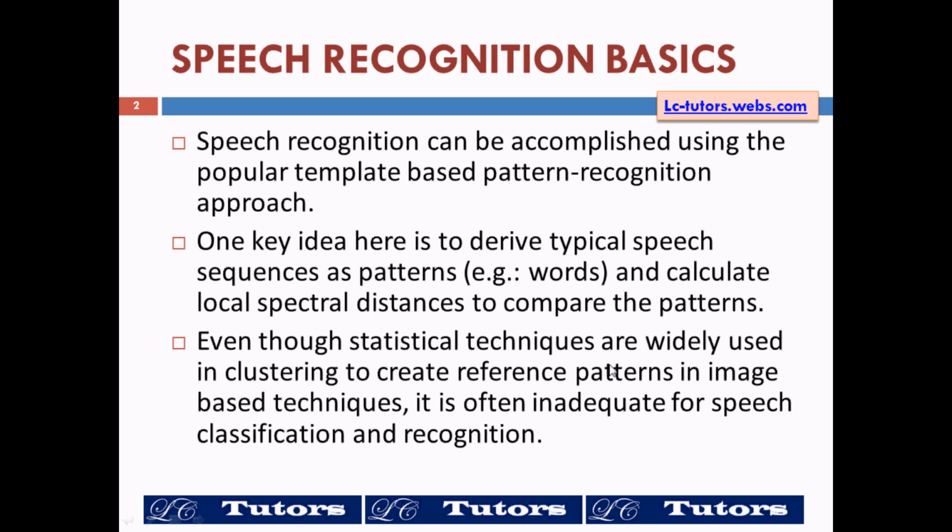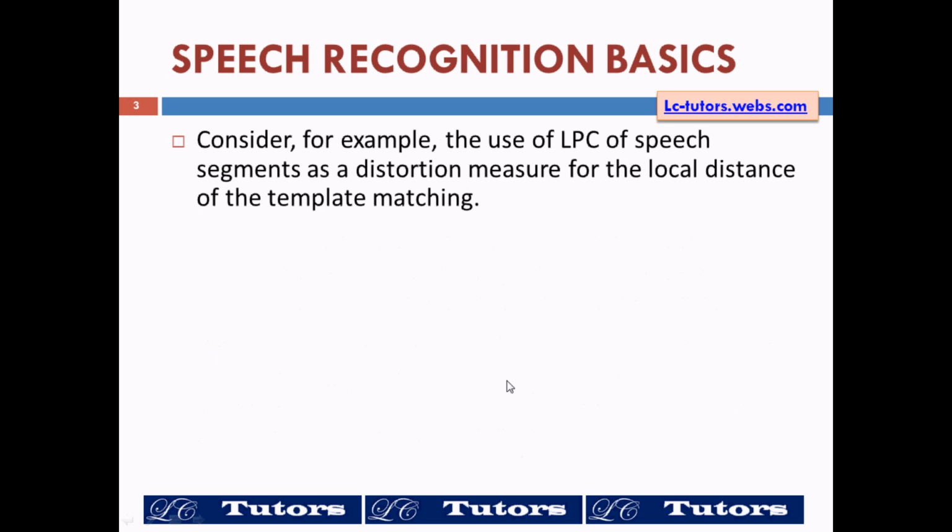Even though statistical techniques are widely used in clustering to create reference patterns in image-based techniques, it is often inadequate for speech classification and recognition. Consider, for example, the use of LPC, linear predictive coding of speech segments, as a distortion measure for the local distance of the template matching.